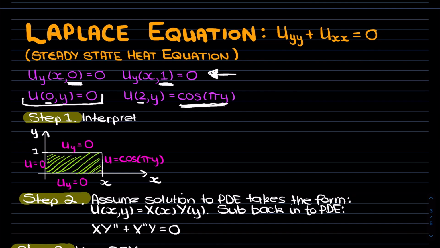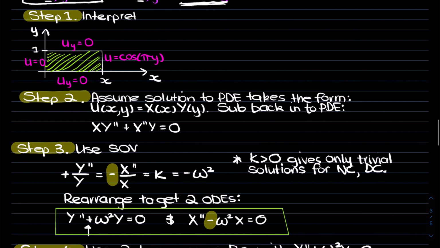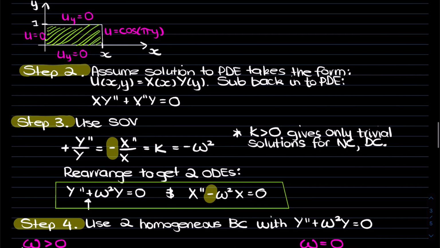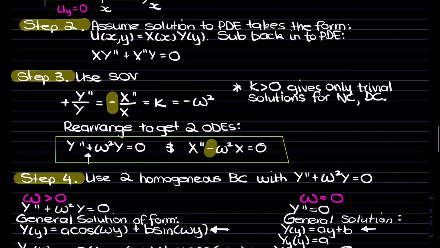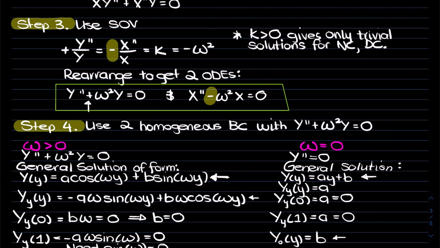So just to recap what we did, step 1 was to interpret the question. Step 2 was to assume the solution took the form of u equals x times y. That allows us to use separation of variables, which was step 3. Using that, we get 2 ordinary differential equations. We just make sure that the plus goes with the variable that has the 2 homogeneous boundary conditions, and we put the negative sign with the one that has an inhomogeneous boundary condition.